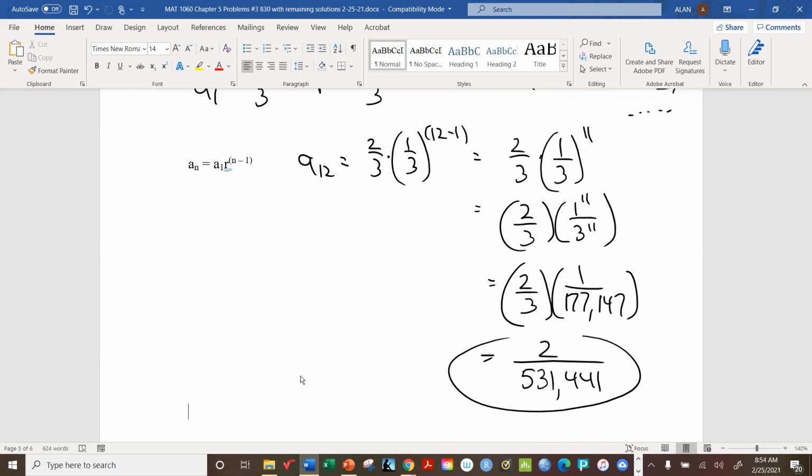So you can see, yes, it's the same situation. The numbers keep getting smaller. The numerator doesn't change. It's the denominator that keeps increasing by a factor of 3.